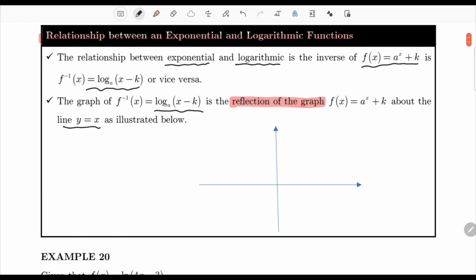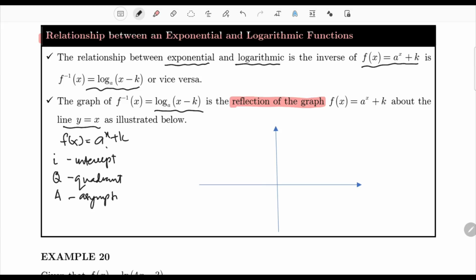So let's do some revision on how to sketch both graphs. If we have f(x) equal to a to the power of x plus k, we have a method to use: IQA. I means the intercept, Q is the quadrant, A is the asymptote. Intercept: when x is 0, you get f(x) to be a to the power of 0 plus k, so you get k plus 1.